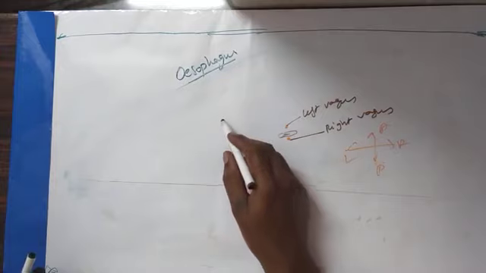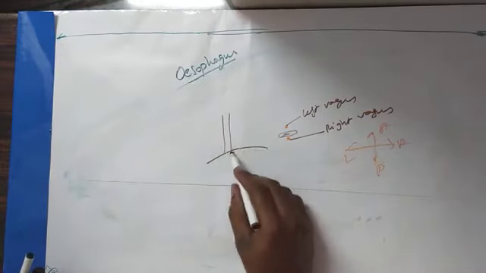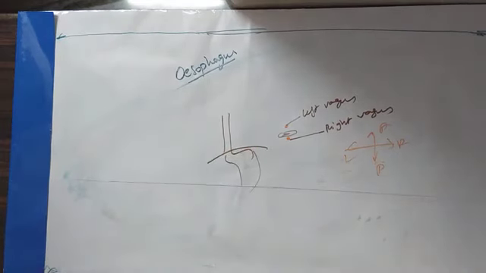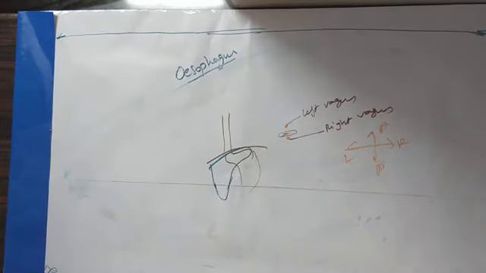And apart from this, anterior to the esophagus, suppose this is your esophagus, the diaphragm and the stomach. What is the other organ in this region? Below your right dome of the diaphragm, we have the liver.